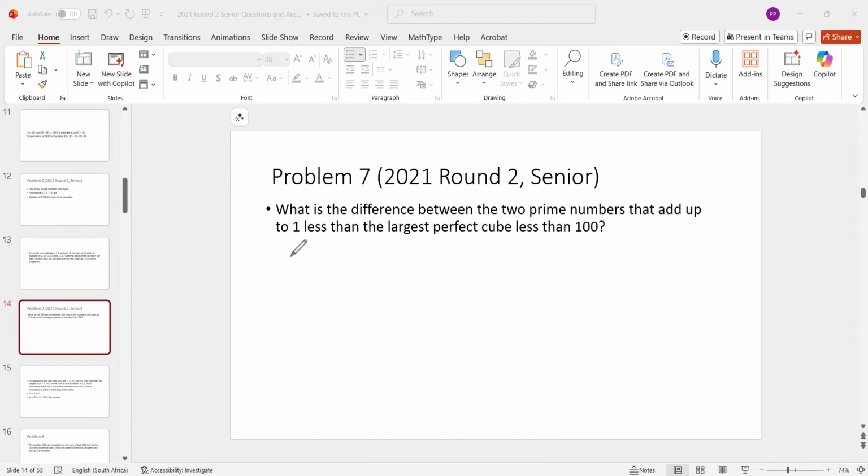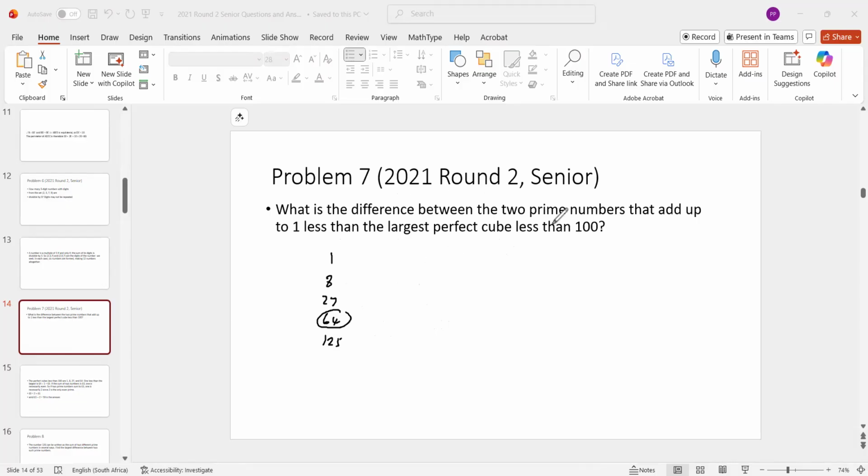The cubes are 1 cubed, 2 cubed, 3 cubed, 4 cubed, 5 cubed. Hopefully you'll know what the cubes are. But the largest perfect cube which is less than 100 is 64. The next cube is more than 100. So it's going to add up to 1 less than 64.